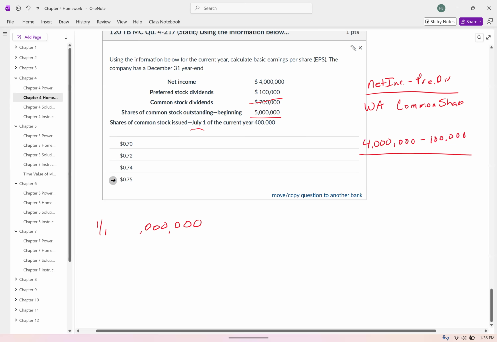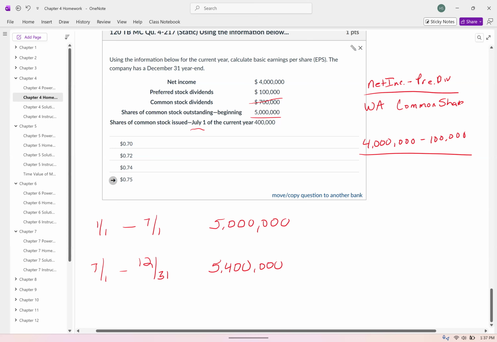So from January 1st to July 1st, there's only 5 million shares. Okay, from July 1st to December 31st, there is 5,400,000.